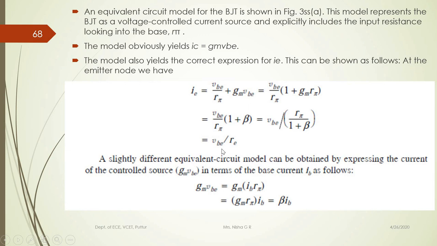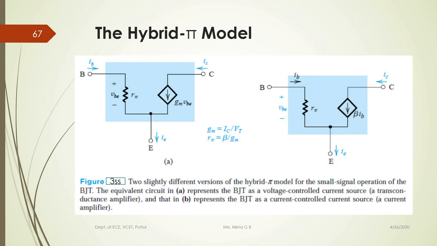So till here you can write for the hybrid pi model. Usually they won't ask for the explanation part, but the hybrid pi model, that is this particular picture, will be asked. At that time you should write what the amount of IB is. I mean, in the picture you need to write that this is the base terminal, this is the emitter terminal, and this is the collector terminal, and what the currents are. The arrow marks are very important, and the voltage polarity is very important.